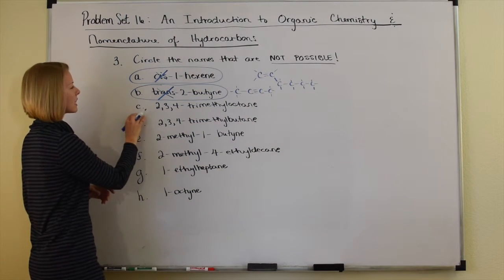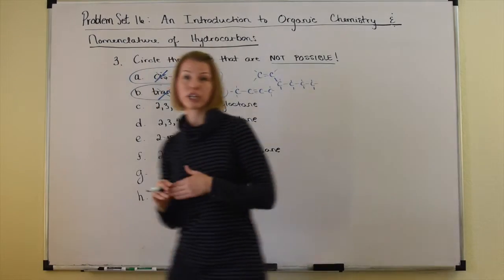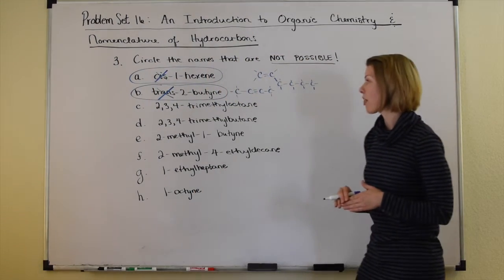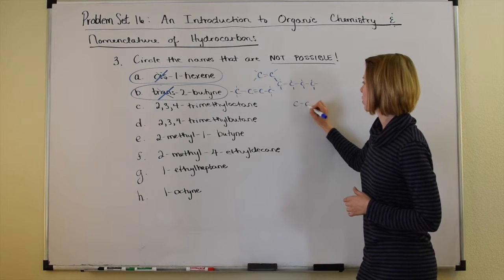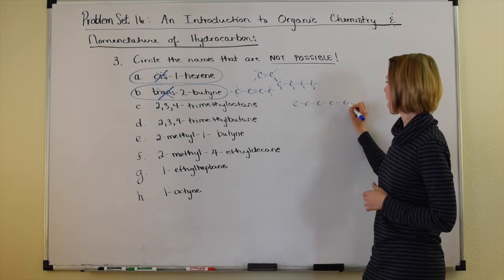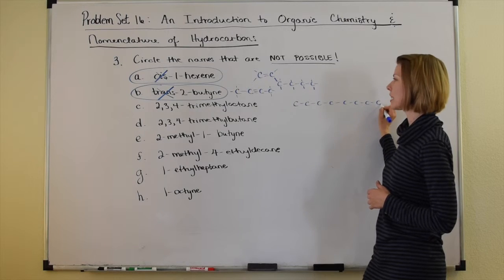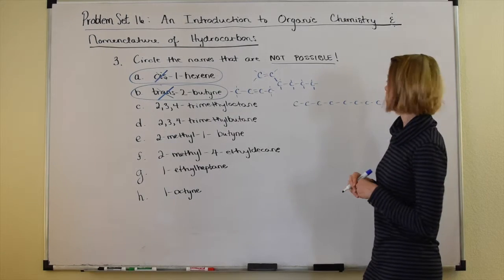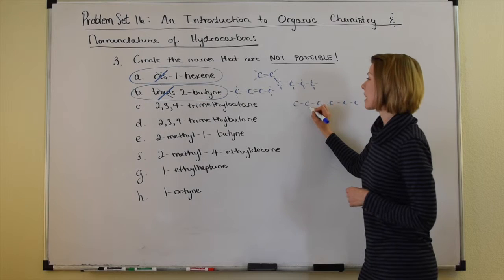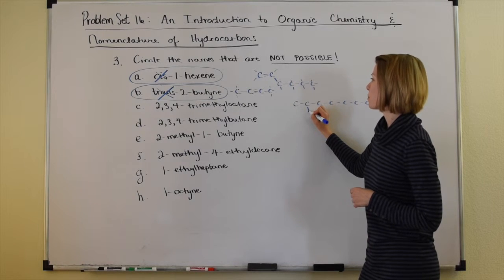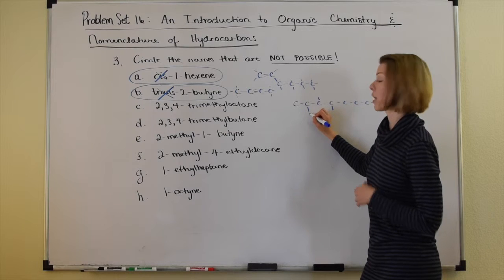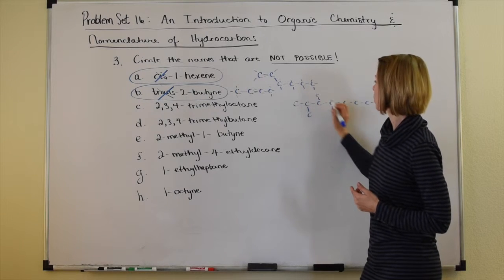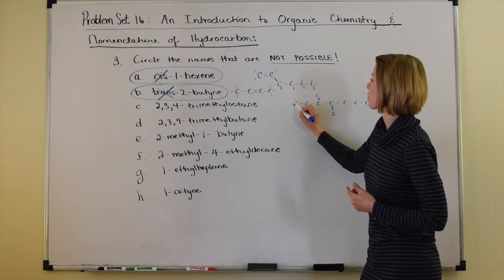Okay. C, 2,3,4 trimethyl octane. Oct is 8. 1, 2, 3, 4, 5, 6, 7, and 8. It's an alkane, so all single bonds, and then they're indicating in the name a 1 carbon branch of the 2, a 1 carbon branch of the 3, and a 1 carbon branch of the 4, and it doesn't matter if you go up or down with those because single bonds rotate.